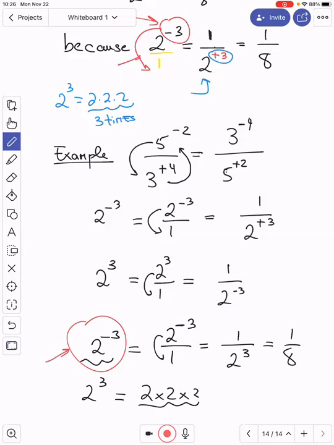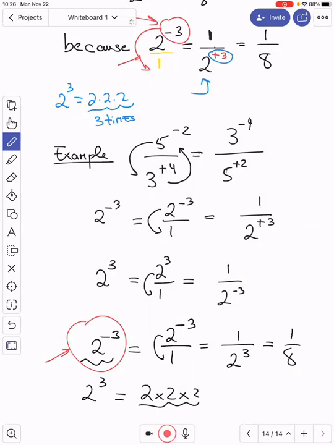To compute a number with a negative power, the idea is to move your number. If it's in the top, you need to move it to the bottom, and that will give you a positive power. If your number is in the denominator, you have to move it to the top, so you get a positive power.